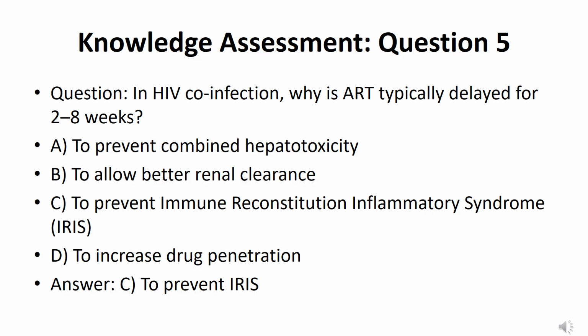This is generally a positive development and an important goal of treatment. However, in some cases, the recovering immune system reacts very aggressively to infections that are already present in the body. This exaggerated inflammatory response is called immune reconstitution inflammatory syndrome.